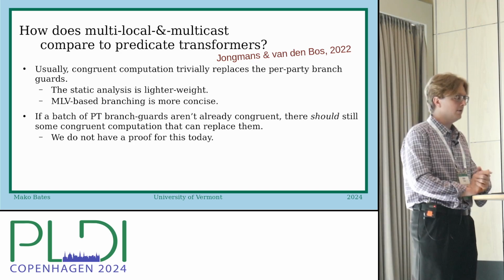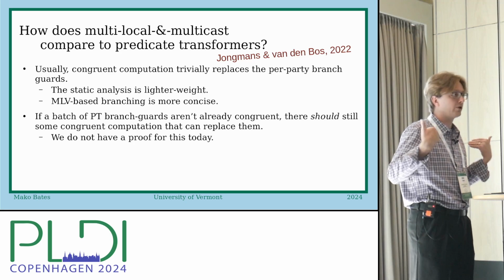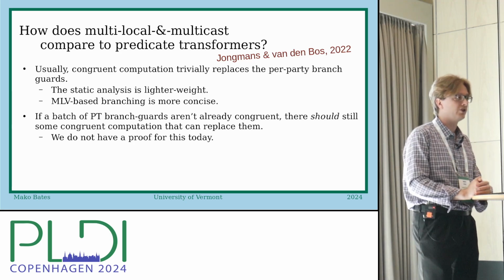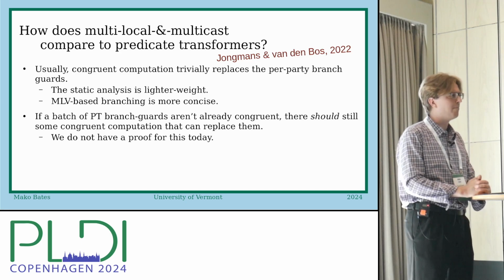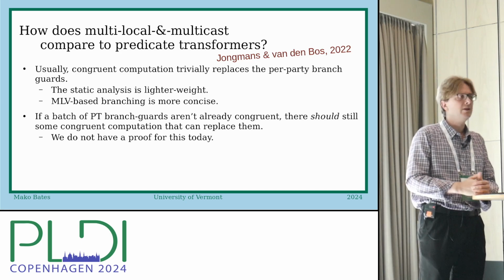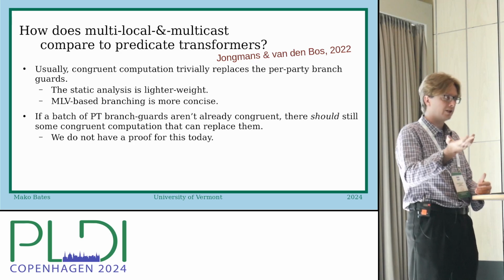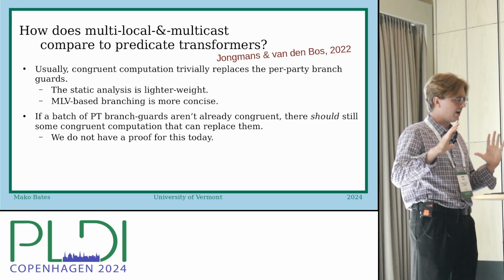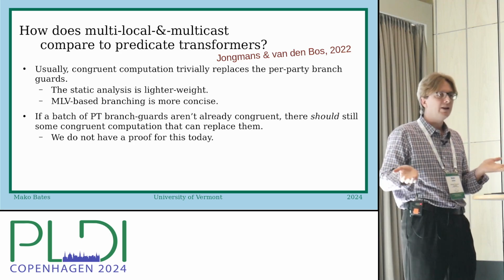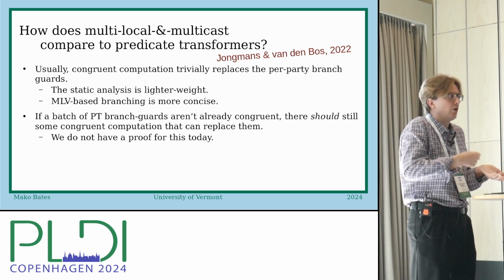It's a great system. It works out to completely subsume the knowledge of choice strategy of klsmall, but I'm pretty sure that in terms of expressive power, they're equivalent. So most of the time, any per-party branching is going to just already be congruent. You just wrote it out multiple times.